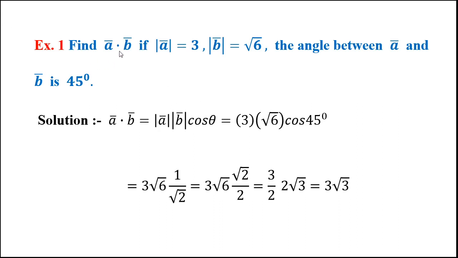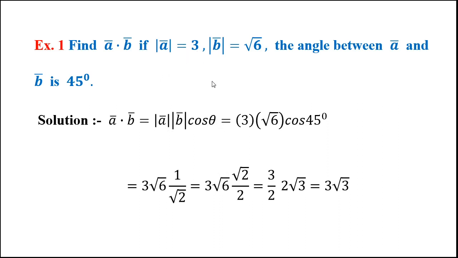Find a bar dot b bar, if the magnitude of a bar is 3, the magnitude of b bar is √6, and the angle between a bar and b bar is 45 degrees. By definition, a bar dot b bar is equal to magnitude of a bar into magnitude of b bar into cosine of the angle between them.